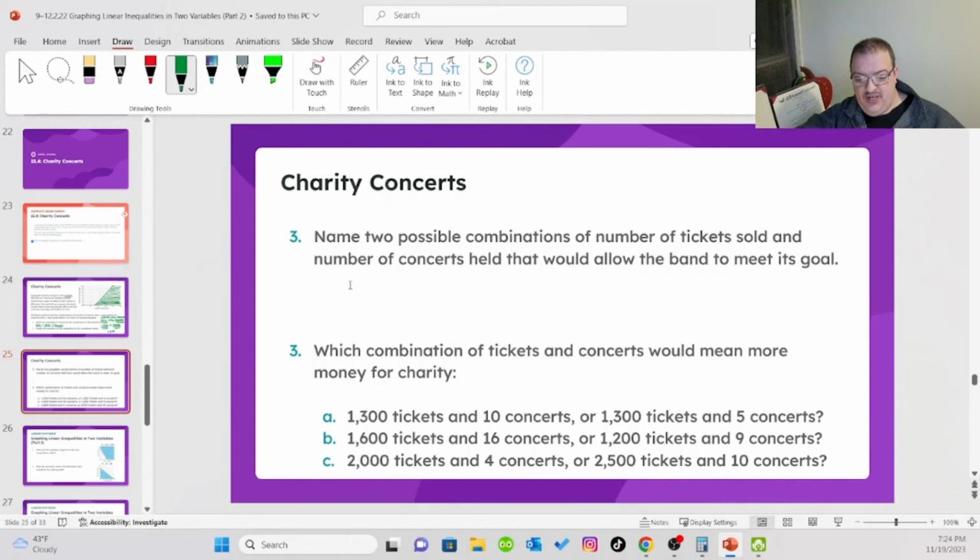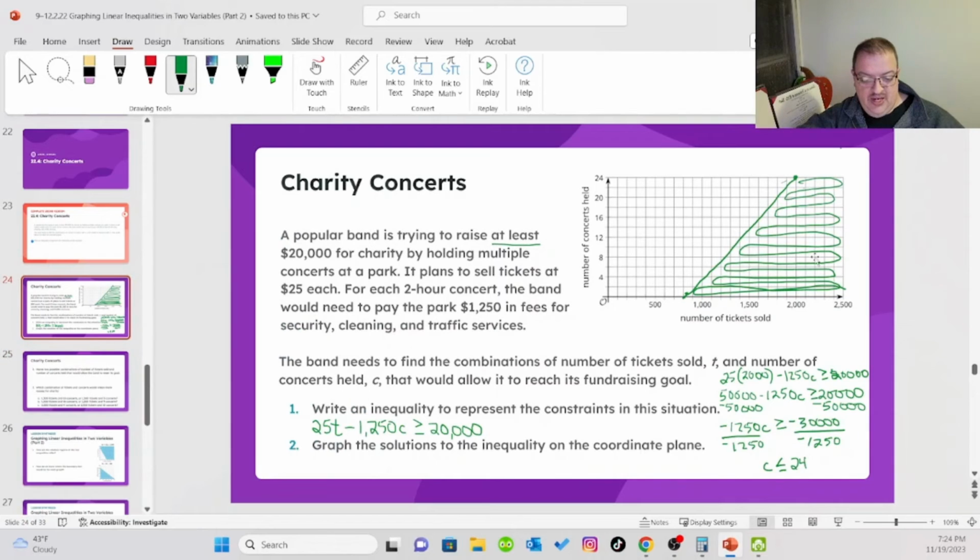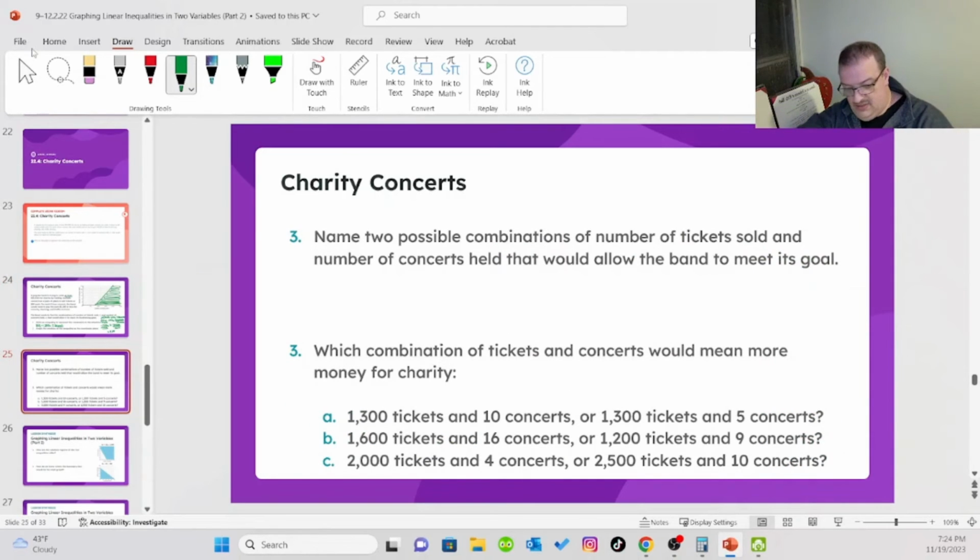Now they want us to name 2 possible combinations of numbers of tickets sold and numbers of concerts held that would allow the band to meet its goal. So I could pick any 2 numbers over here. So to make this easy, I will choose 1,500 tickets and 4 concerts.